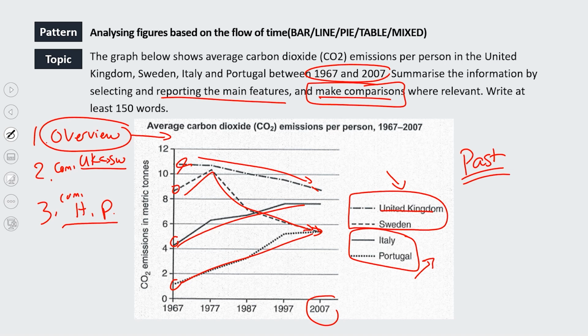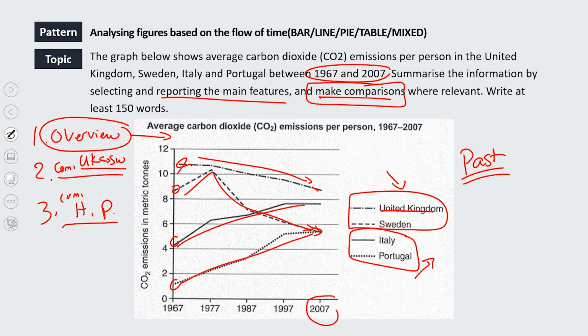Overall, 2 countries increased their emissions, while 2 countries decreased their emissions, and all but 1 country had a very steady change over time. Okay, so then I've summarized in general what I'm going to talk about, and I'm going to give my detail point. In detail, both the UK and Sweden decreased their overall carbon emissions. Okay, so I think that's how I would approach this essay.